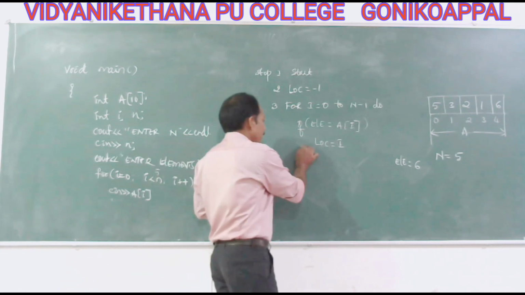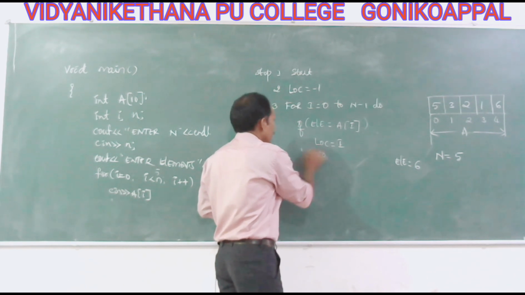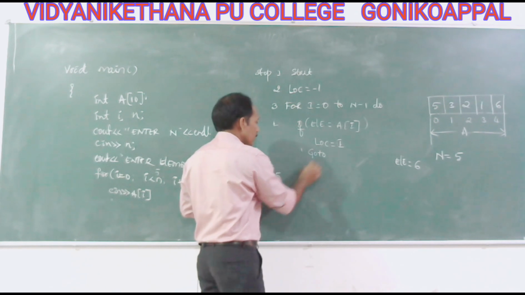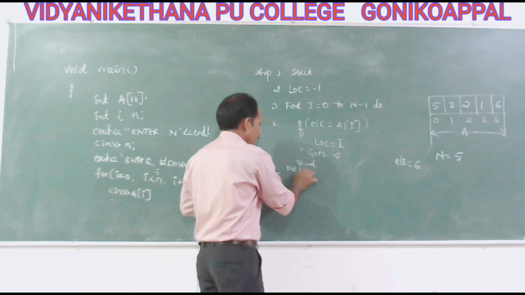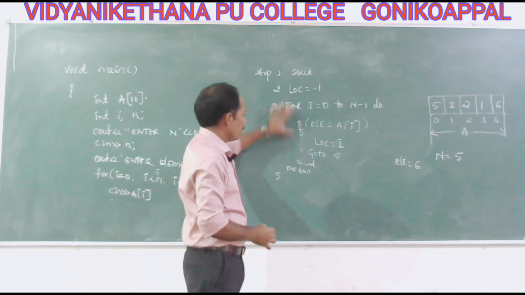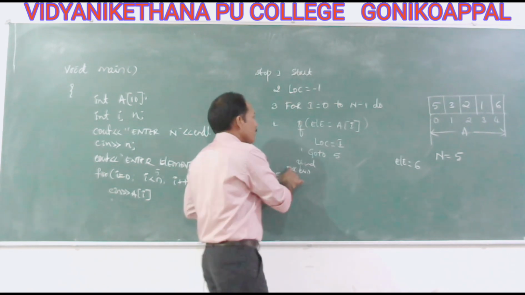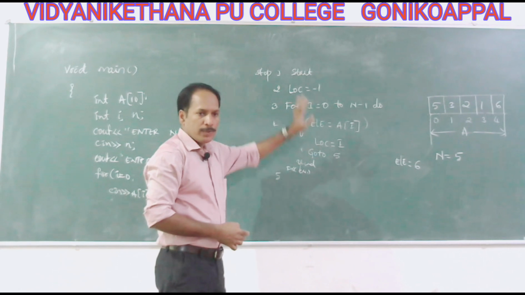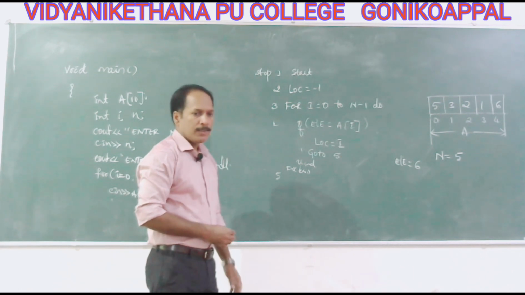So this is the if and, so then we have to go to the step number, if it is 4, then we will come to 5. Go to step 5, if end, then for end. So this if end, this for end, repeat this step. If they are not same, I plus plus, I becomes 1, then I becomes 2, then 3, then 4, we'll check and then we'll decide whether the element is present or not.